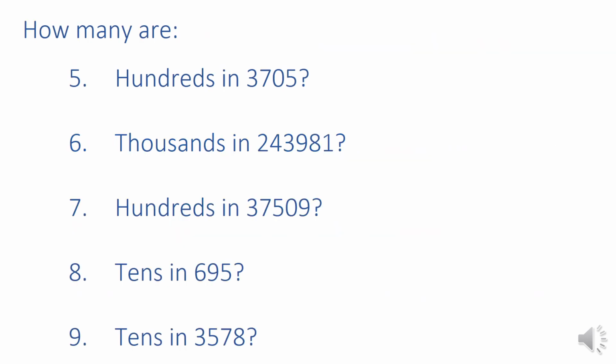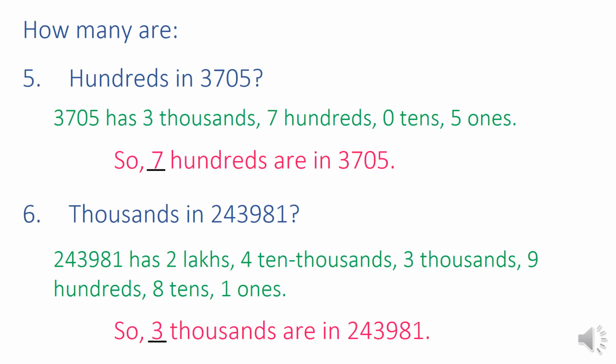Our fifth question is how many hundreds are in 3,705? Our number is 3,705. This number has 3 thousands, 7 hundreds, 0 tens, and 5 ones. So 7 hundreds are in 3,705. Okay.